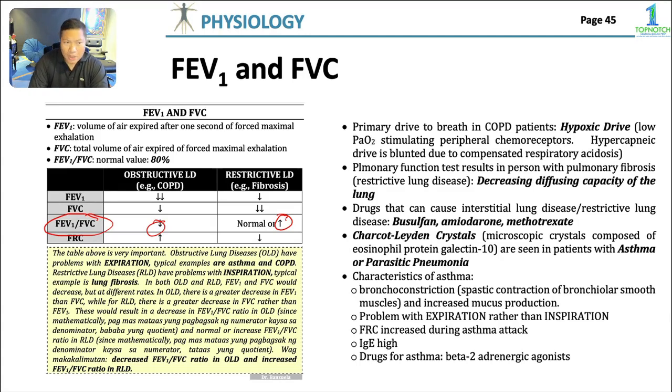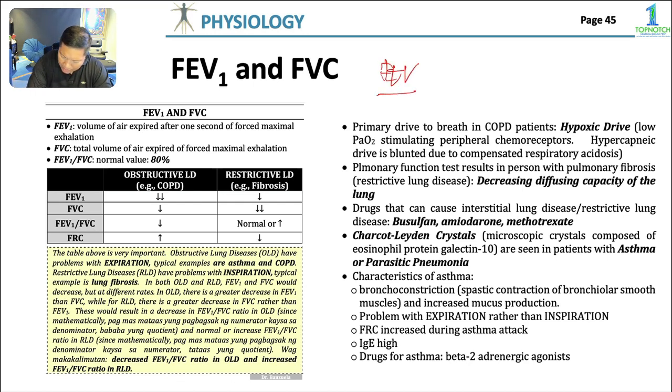So, ano nangyari? It has something to do with the degree of the decrease in each of those. The FEV1, FVC. Let's take a look. Kaya dalawang arrows ko dito, ang dalawa yung down arrows dito, it means nag-decrease ang FEV1, nag-decrease ang FVC, pero mas malaki, di hamak, yung pagbaba ng FEV1. Okay?